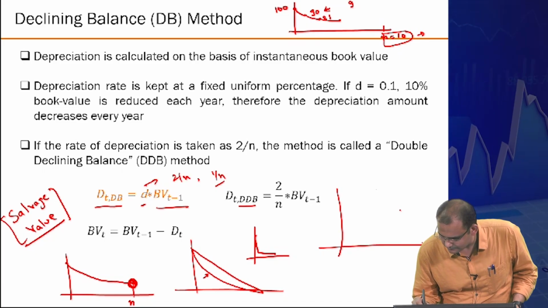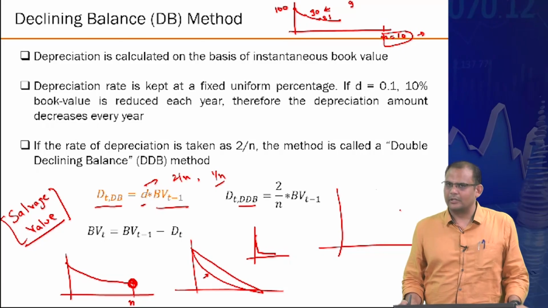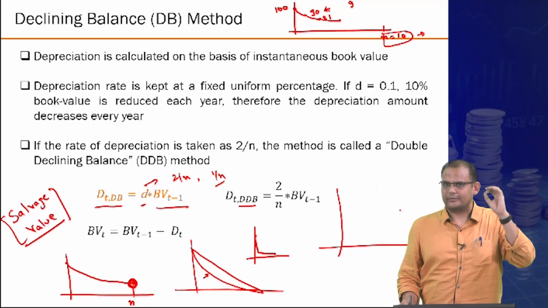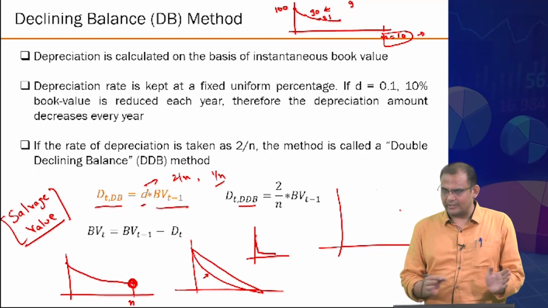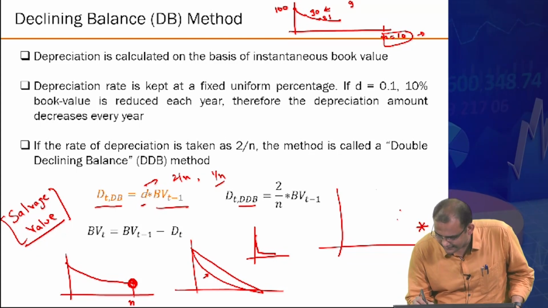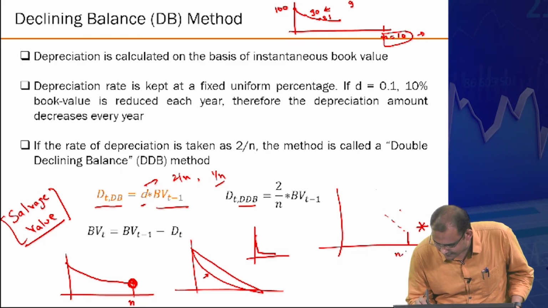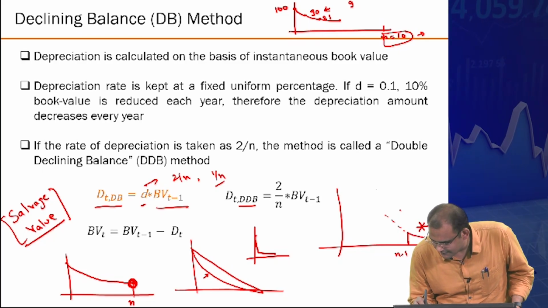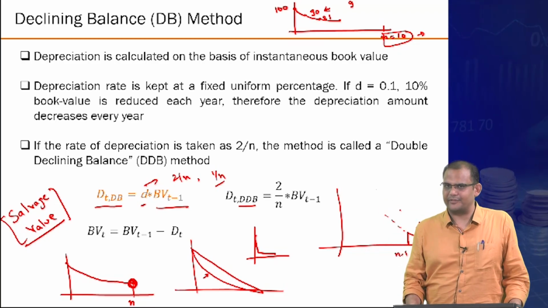Suppose you have to do the calculation. This point is your actual salvage value that the government allows you to depreciate. You are starting with the double declining balance method. The calculation happens such that till here it's fine, but in the nth year you reach a value below the original estimated salvage value.